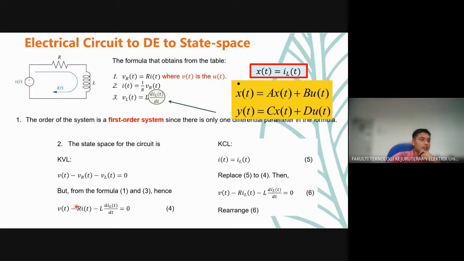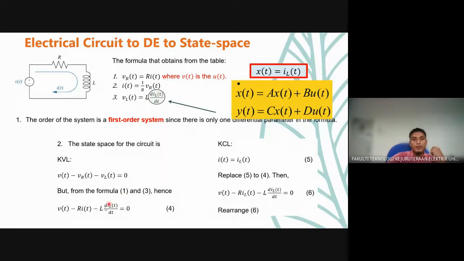R is a fixed value because this is the resistor value. L is a fixed value, the inductor value. However, the value of I changes throughout time, as you can see from the bracket of t. So it is not fixed; it depends on time. The xt here must be in terms of ILT only.